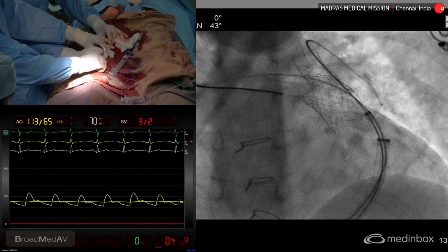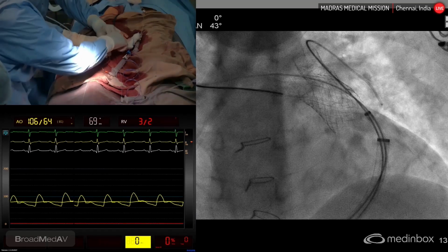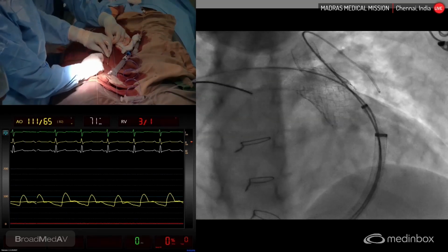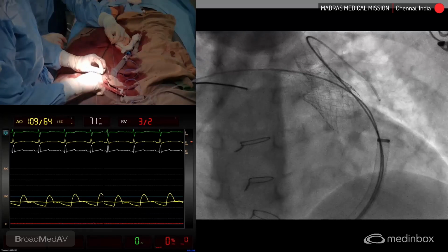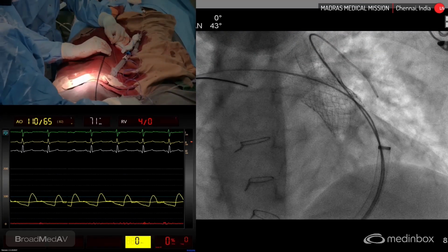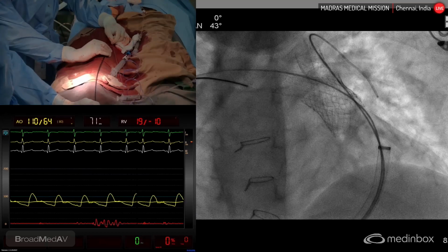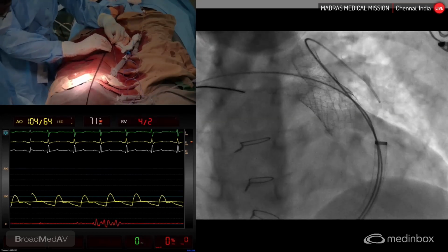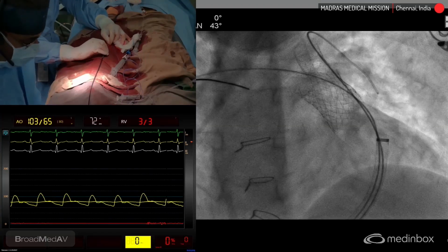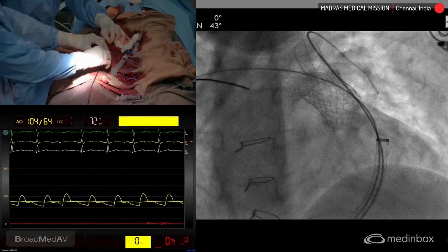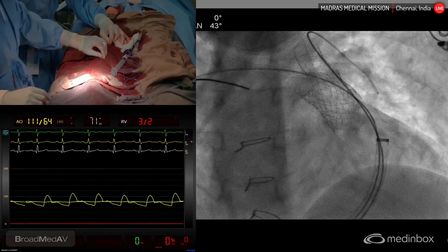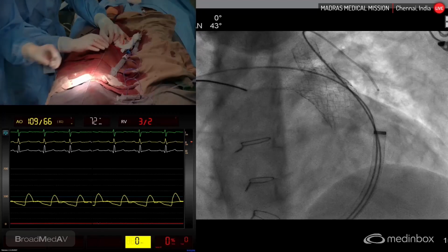So now let me take the sheath also out. Control this guide wire. Both these 14 Armadas are 7 French. So I should be able to get two Armada balloons, 7 French, through this 14 French combined sheath.